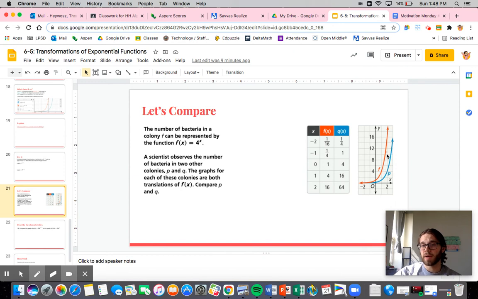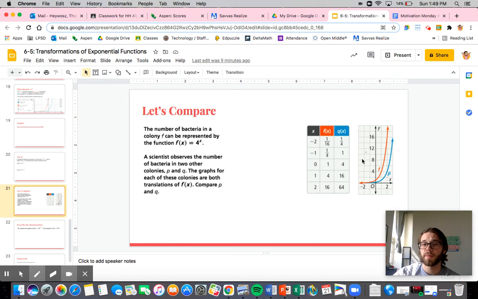Similarly here, if I look at my graph, P is also not a vertical translation. However, you can see I almost have this cascading effect going on here. Whenever you see that kind of cascading effect, I have the 1, 1, 4, 4, 16, 16, 1/4, 1/4. That means it's going to be a translation. Depending on which way it has gone will determine whether it goes left or right.